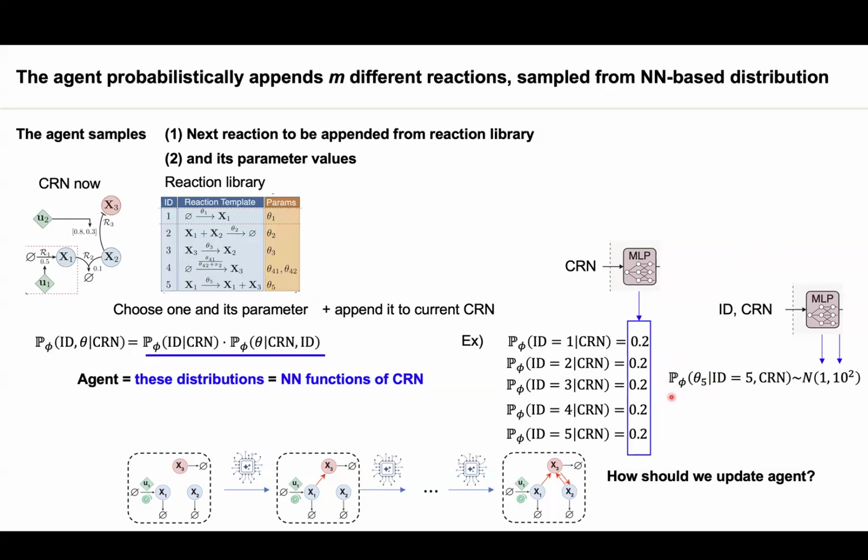In this case, this distribution is the function of the reaction ID and the current CRN. But we don't know this function, so we again replace this function with a neural network.